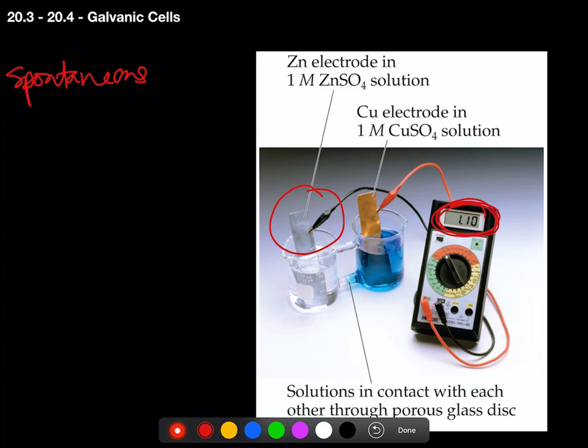And then those electrons finish their journey over here, where they are then allowed to do the reduction process. So it's the same exact reaction. We're just setting it up differently so that we can utilize those electrons on the way to doing whatever they were going to do anyway.